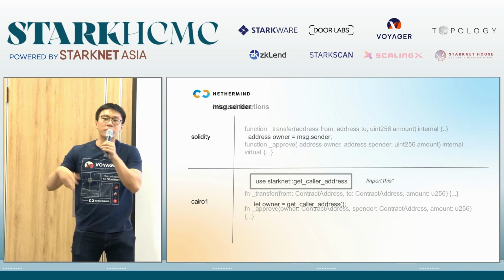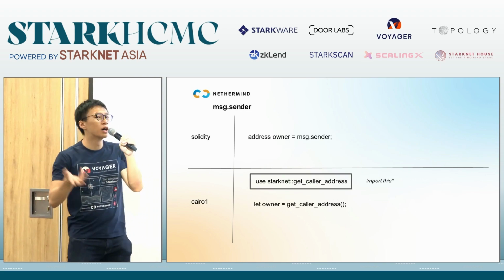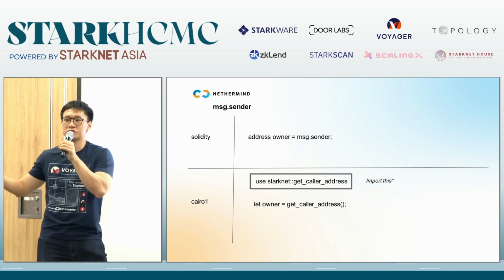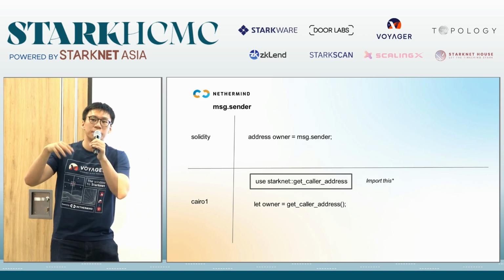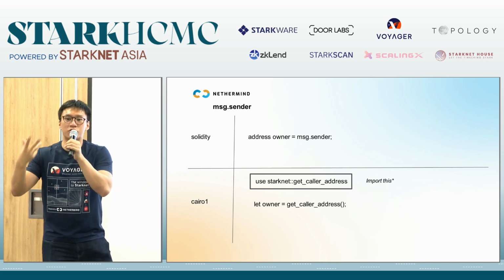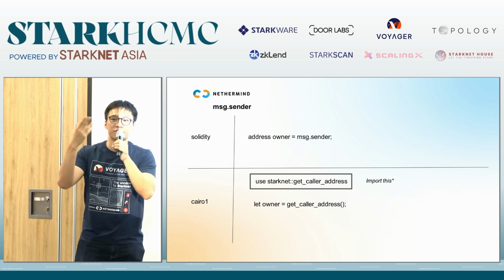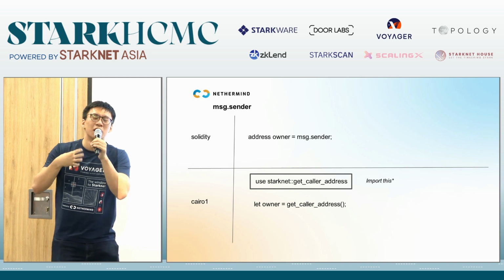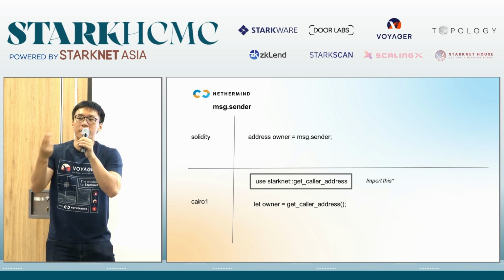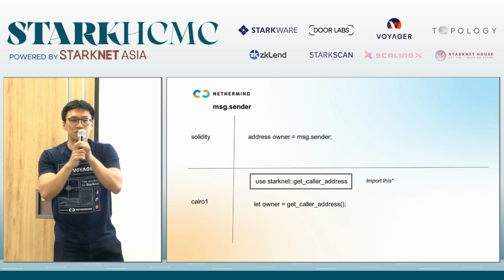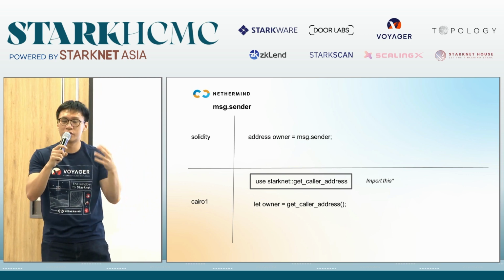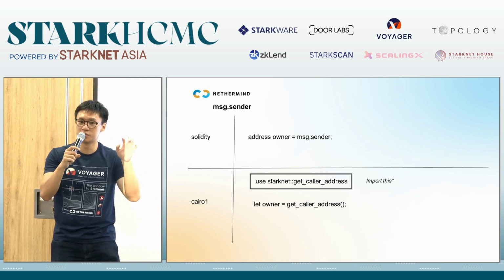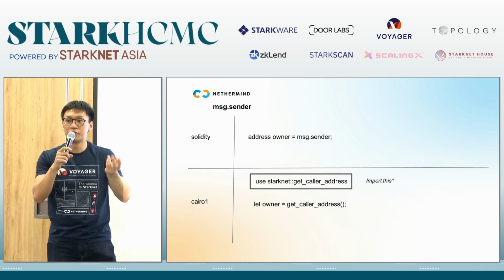One commonly used function is message.sender. For those who are not familiar with Solidity, message.sender means the sender of the transaction. So if I were to interact with the contract, and I try to transfer my funds to maybe him, and I initiate this transaction, the message.sender will be my address. This is a very commonly used function in smart contracts, and it's very important too.